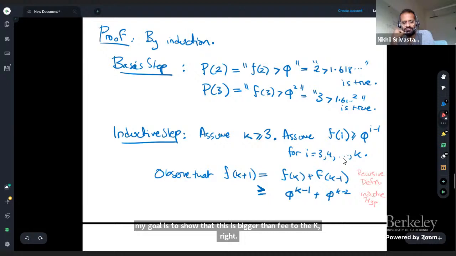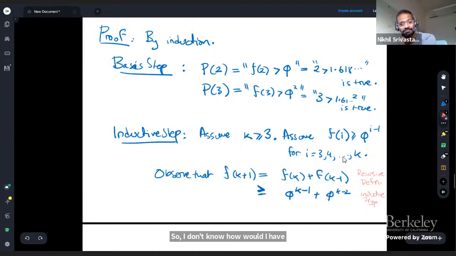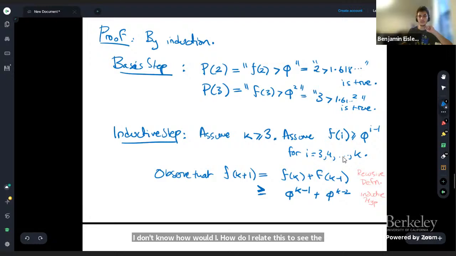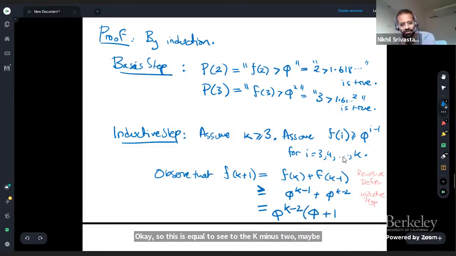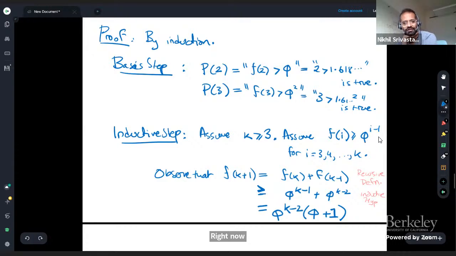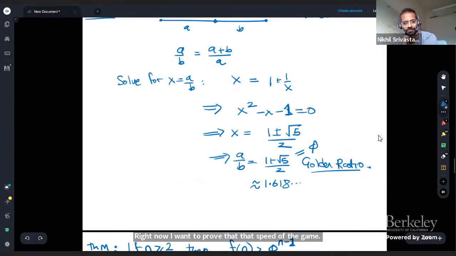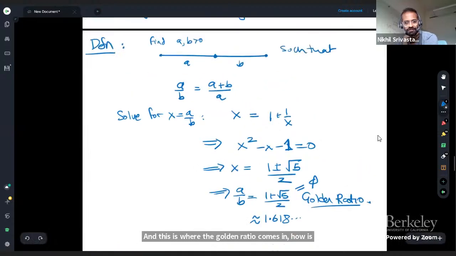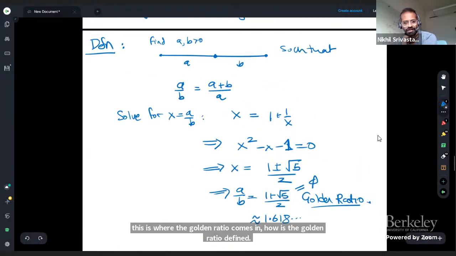So I don't know, how do I relate this to phi to the k? Maybe try factoring out phi to the k minus 1. Okay, so this is equal to phi to the k minus 2, maybe you mean, times phi plus 1. Right? Now I want to prove that that's phi to the k. And this is where the golden ratio comes in. How is the golden ratio defined? Well, it's a solution to this quadratic equation, right?